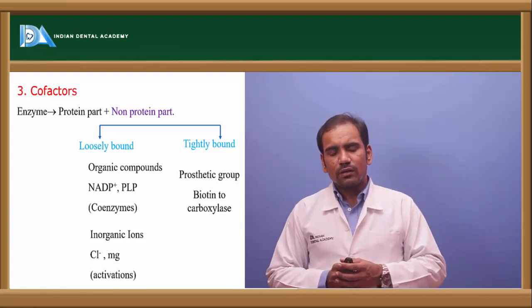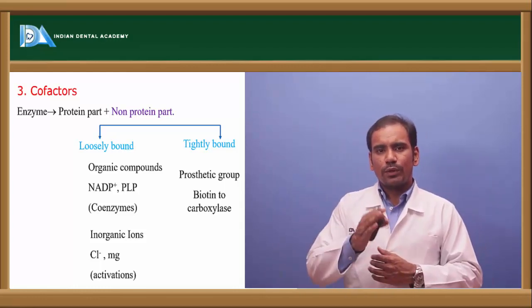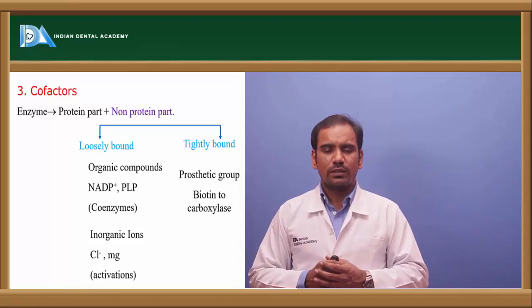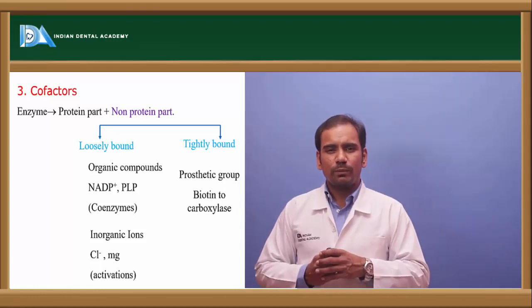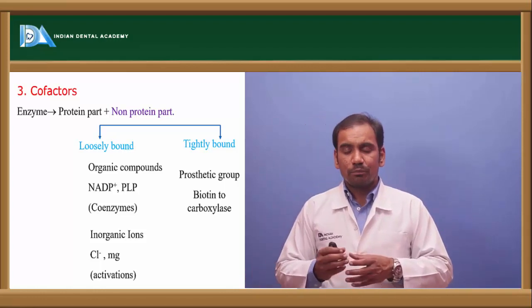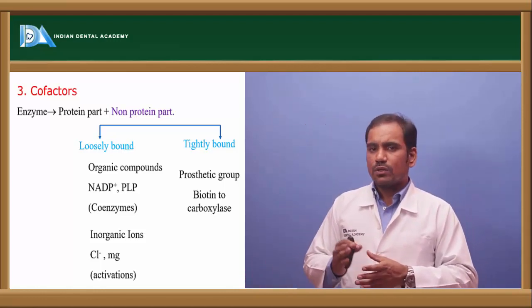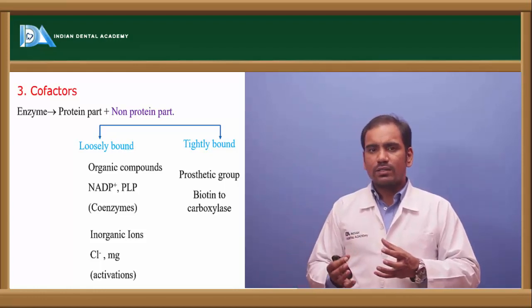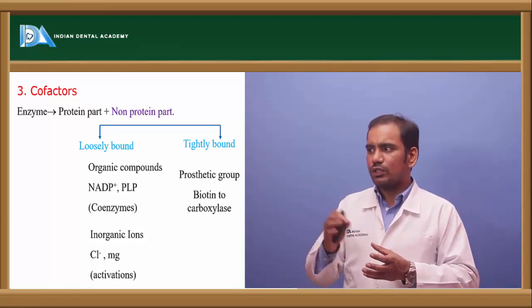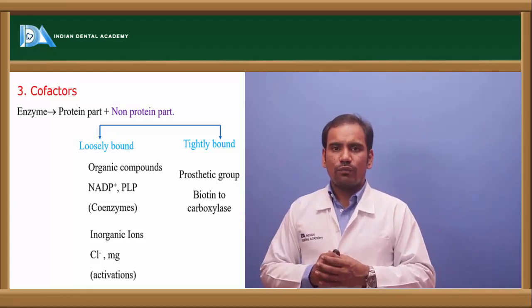Actually these enzymes have two parts, protein part plus non-protein part. The protein part of an enzyme is called the apoenzyme, and the non-protein part of the enzyme is called coenzyme or cofactor. That non-protein part, based on its association, we can classify into coenzyme or cofactor.